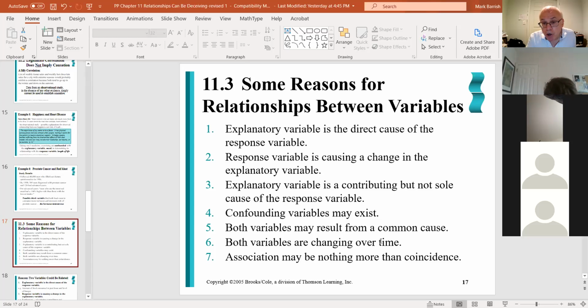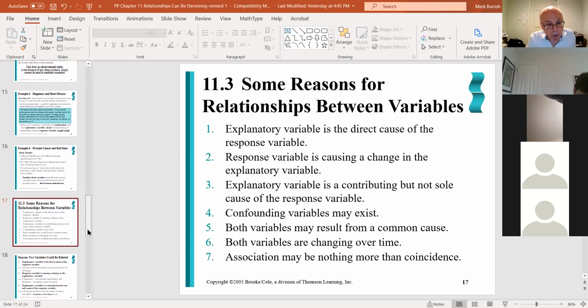Both variables are changing over time in the same way. So time could be the variable influencing both variables. Both variables tend to increase or decrease together over time. Or, and this is always a possibility, the association may be nothing more than coincidence. It just could be a coincidence. That's possible too. So here are the 7 possible reasons you could see correlation.